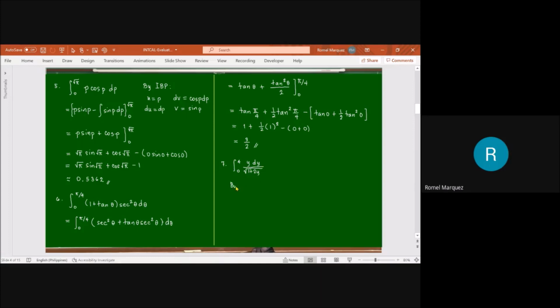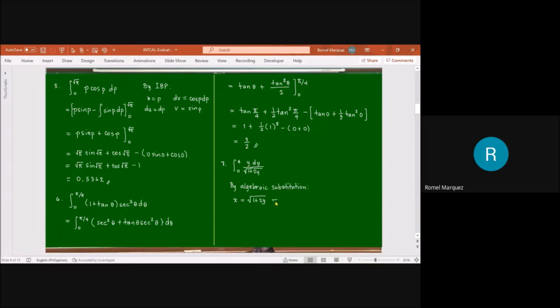So, by algebraic substitution, let x be equal to square root of 1 plus 2y.